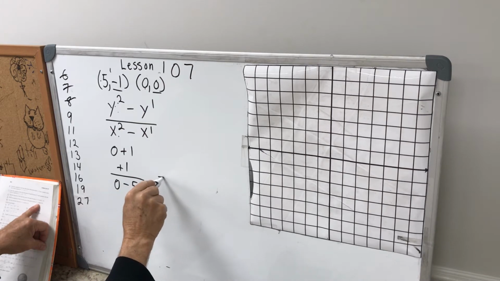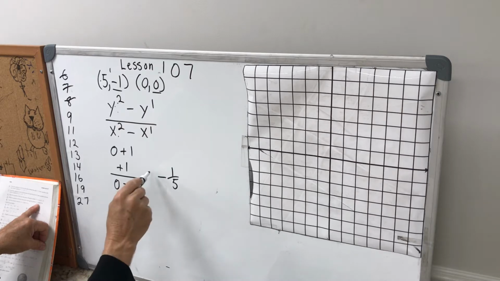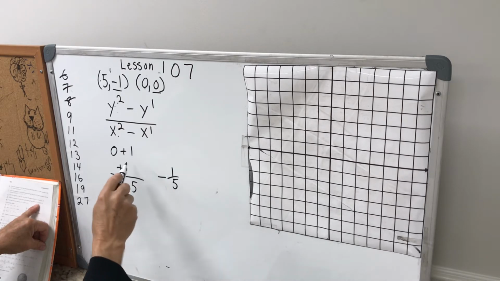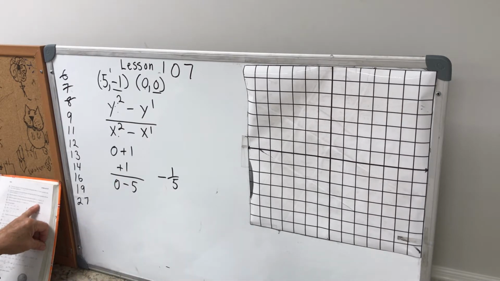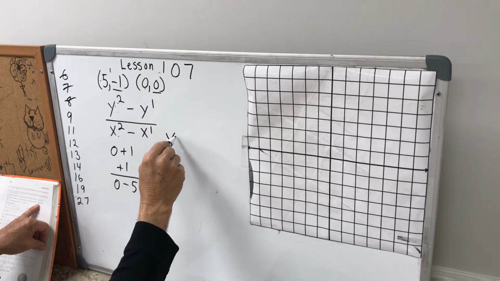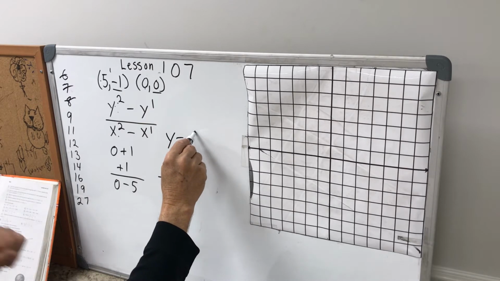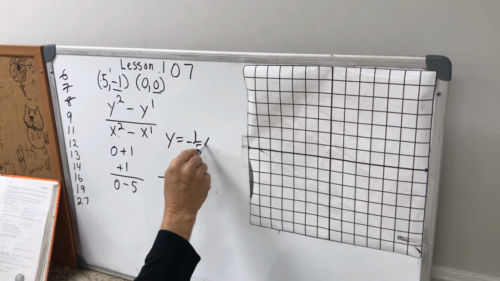So here we go, negative 1 over 5 is our slope. That makes sense. I hope this is so much to memorize. I hope you can get all this in your head. Let me rewrite it. Just what we've accomplished: y equals negative 1 over 5 x.